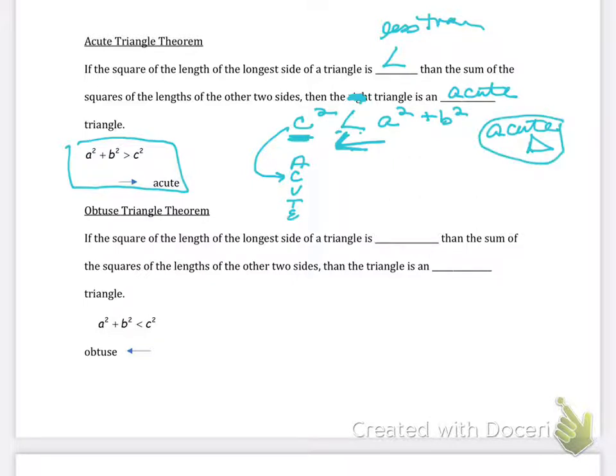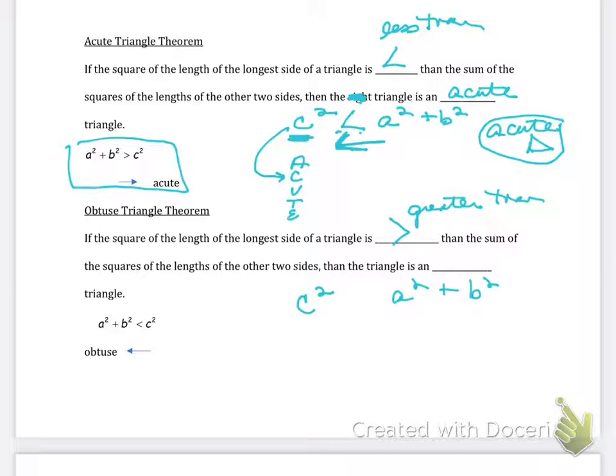Let's do the next one and see if this starts making sense. If the square of the length of the longest side is greater than, okay, so this is the greater than symbol, the sum of the squares of the lengths of the other two sides, then what is it?